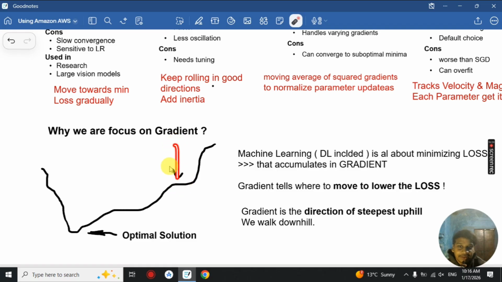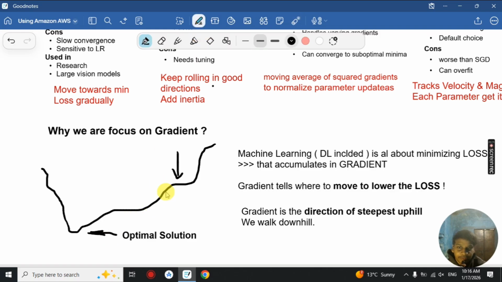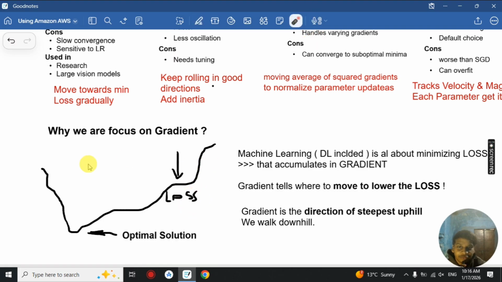So here, if we started training from here, we need to get the lowest possible loss value here. This is the lowest possible loss value, and that is what we want from our optimizer function.